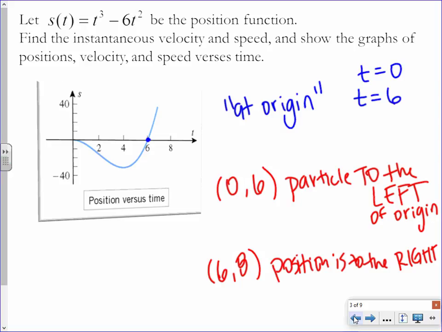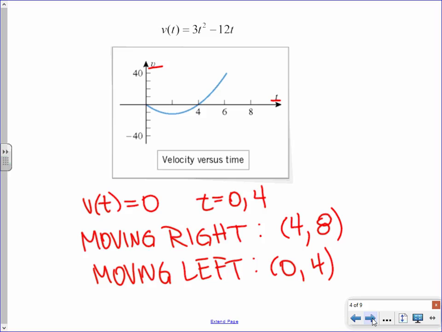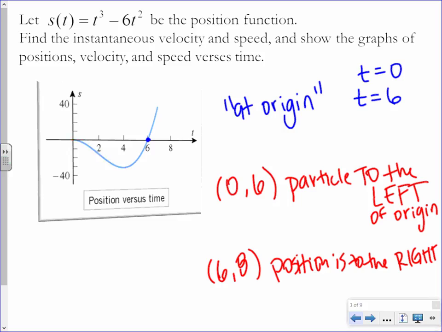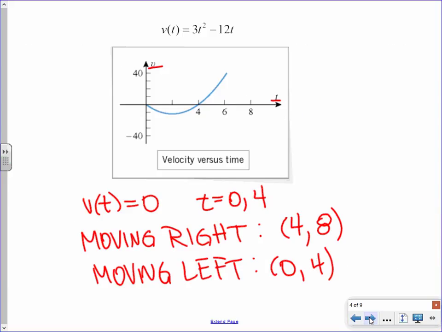Where is it decreasing? 0 to 4. We are decreasing from 0 to 4, which means our derivative is negative. Therefore, we're moving left from 0 to 4. Our position is increasing from 4 to 8, which means our derivative is positive, our velocity is positive, we're moving to the right. So you can read your graph and use your knowledge of calculus to help you out there.